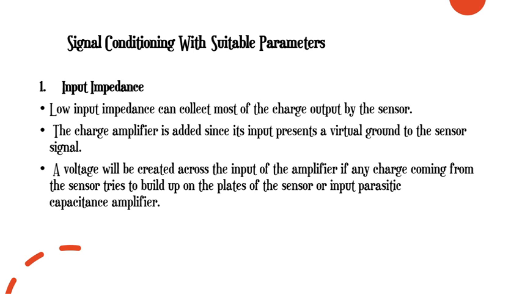The charge amplifier is added since its input presents a virtual ground to the sensor signal as long as the amplifier maintains high gain at those signal frequencies. A voltage will be created across the input of the amplifier if any charge coming from the sensor tries to build up on the plates of the sensor or on the input parasitic capacitance of the amplifier.